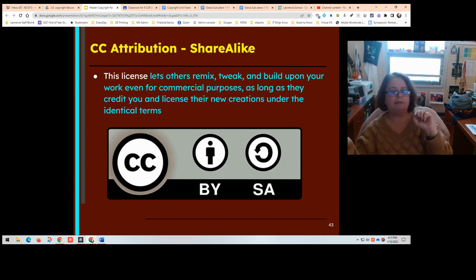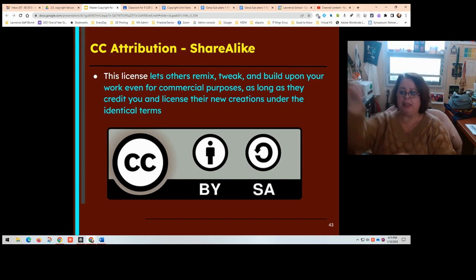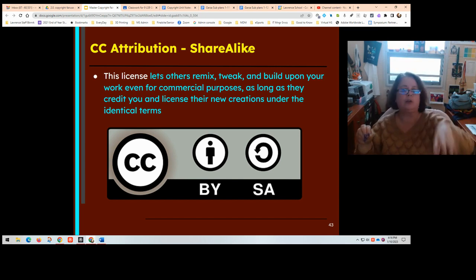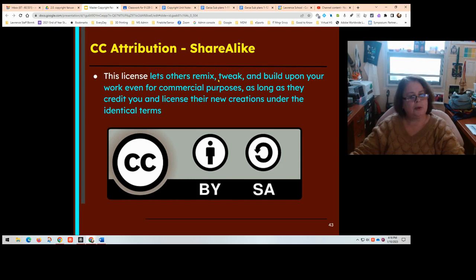So in the first one, even though I'm using a Creative Commons song in my movie, I could still copyright my movie and not make it a Creative Commons license. In this case, if I make a movie using that song, I have to make my movie a Creative Commons share alike license versus a full copyright. So it's kind of like putting a slight restriction on it, but that's okay. The share alike SA has the little loopy arrow.